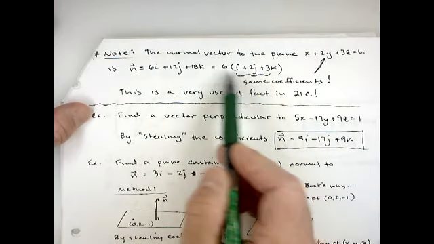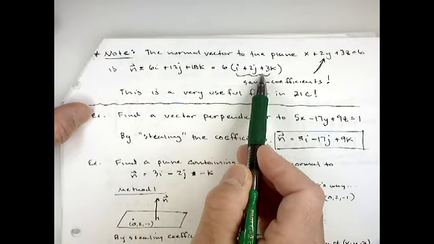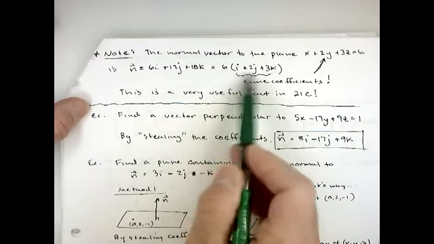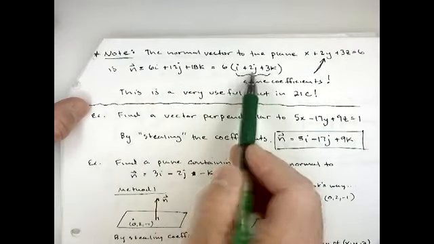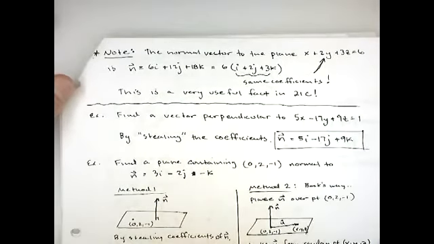Even just this vector right here is perpendicular to the plane, right? It's 6 times smaller than this one, but it's still pointing in the same direction. And notice it has the same coefficients as the plane.